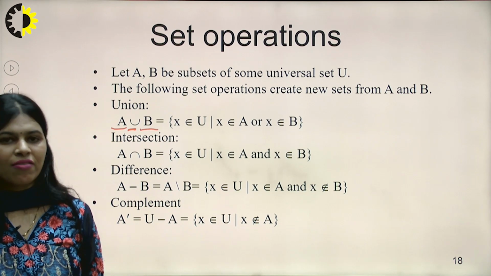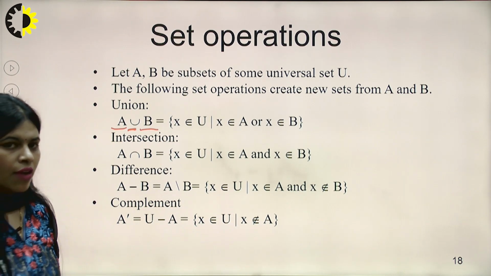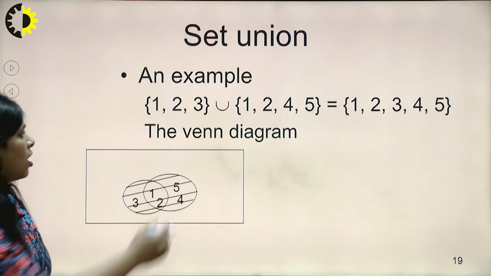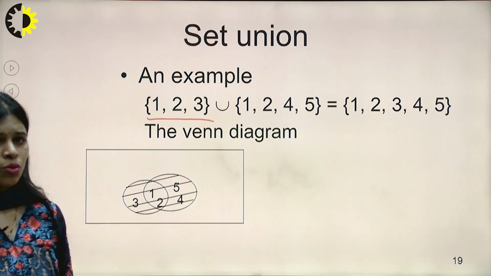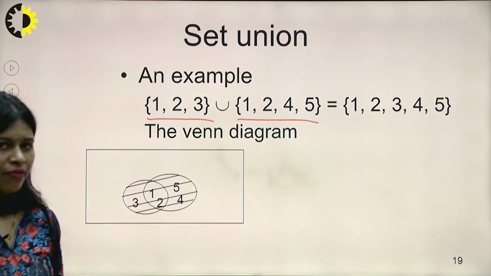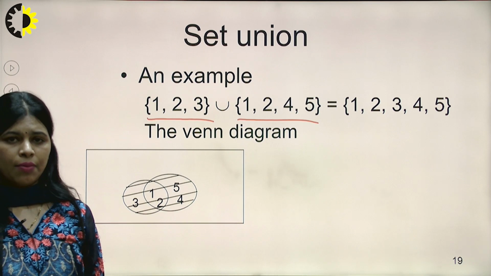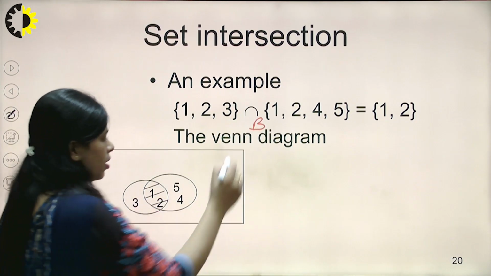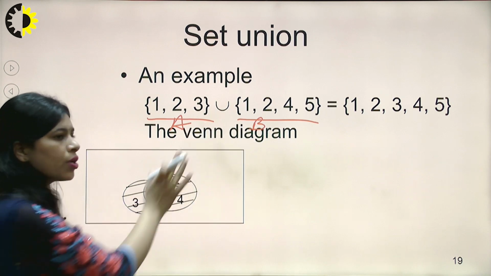Now, in the union operation, if I take an example, set A is 1, 2, 3 and set B is 1, 2, 4, 5. The union contains all the elements represented in set A and set B without repeating the elements.